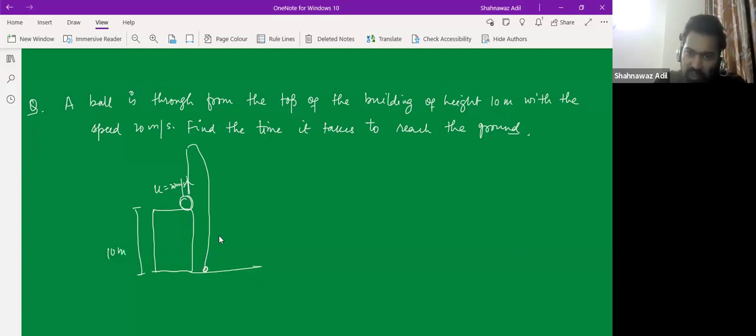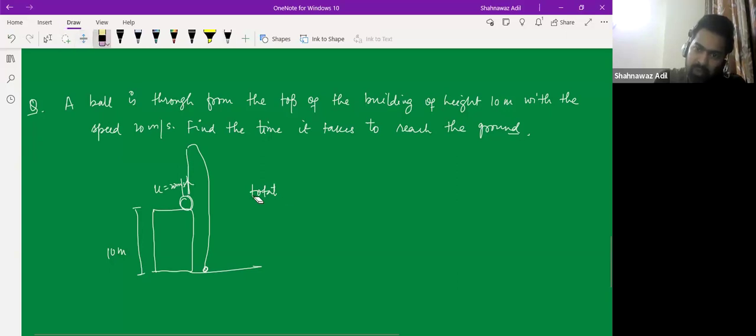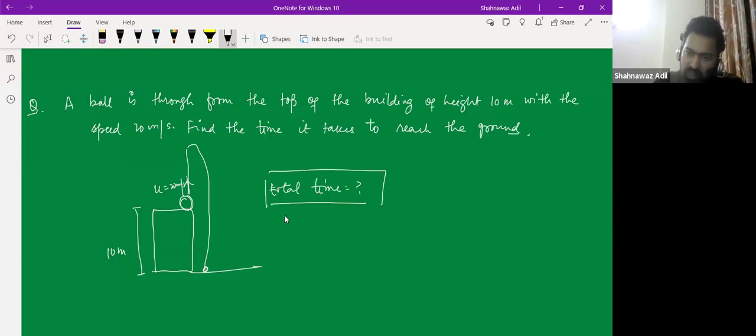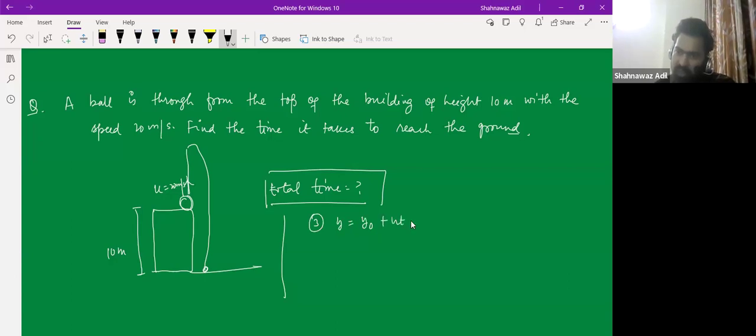So you have to find out what is the total time. Because we are throwing it upwards and then it is falling down, we will directly use this third relation. Third relation says that y is y naught plus ut minus half gt square.